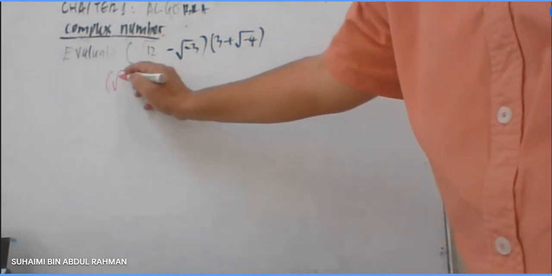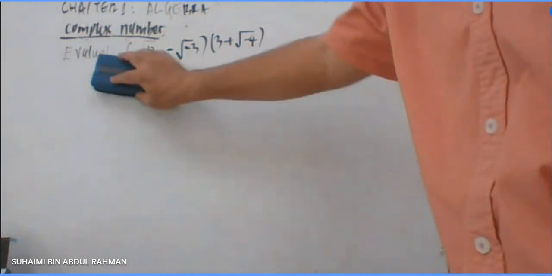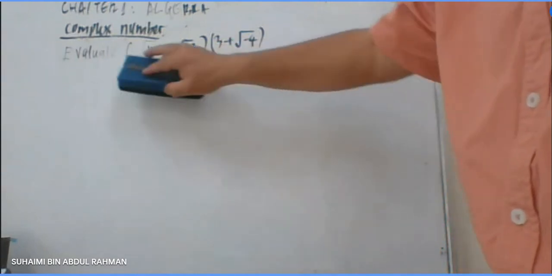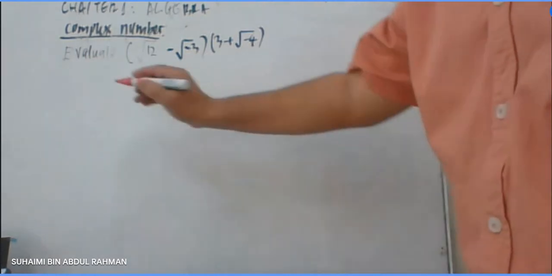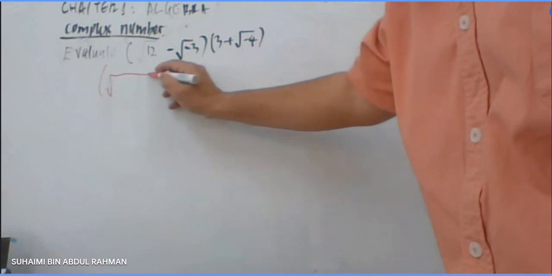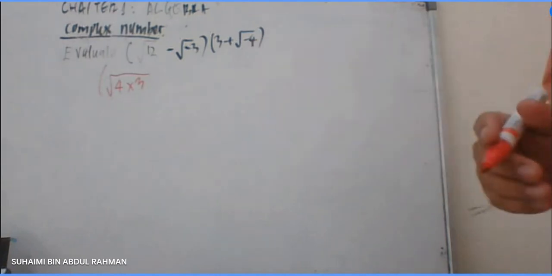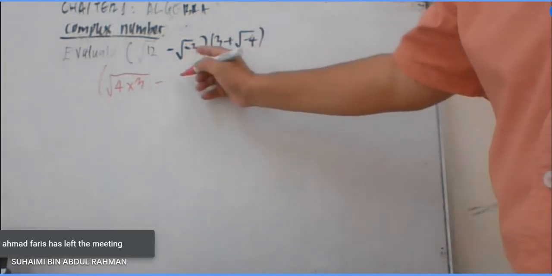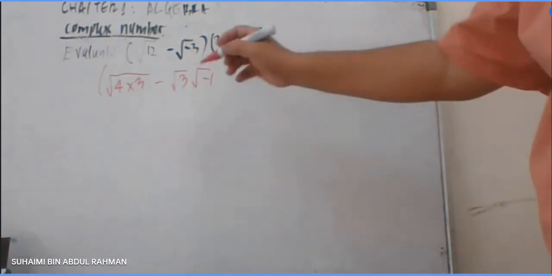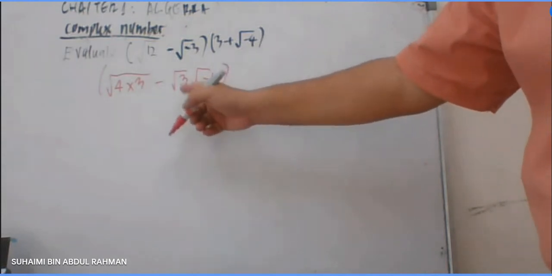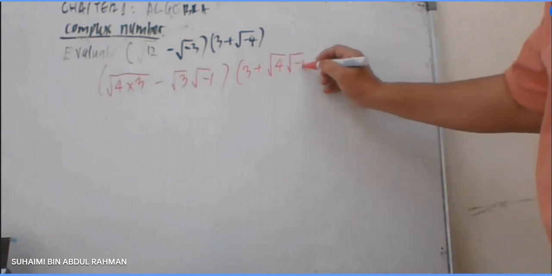So we change square root of 12 to be square root of 4 times 3, because later we're going to have square root of 3 as well. Here we change it to square root of 3 times square root of -1, multiplied by 3 plus square root of 4 times square root of -1.